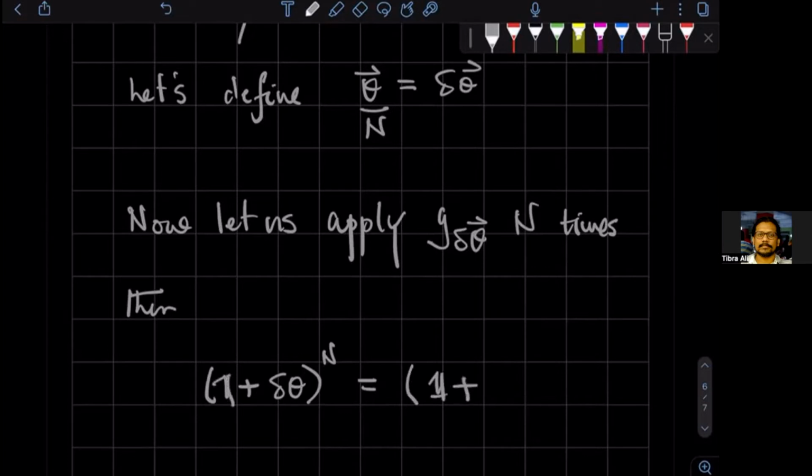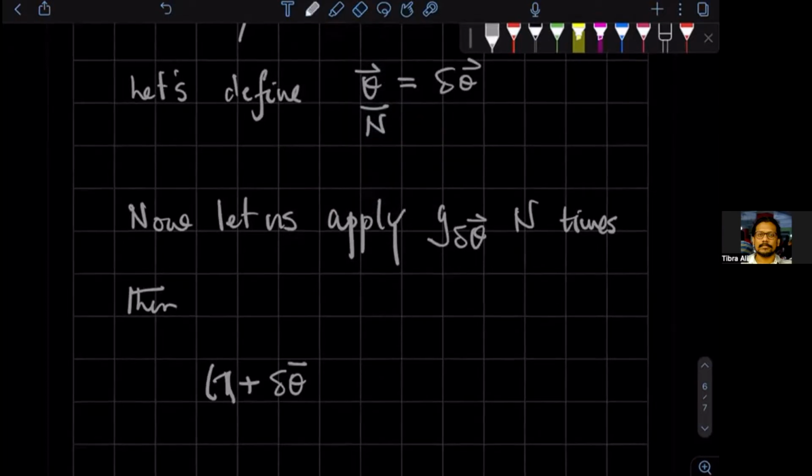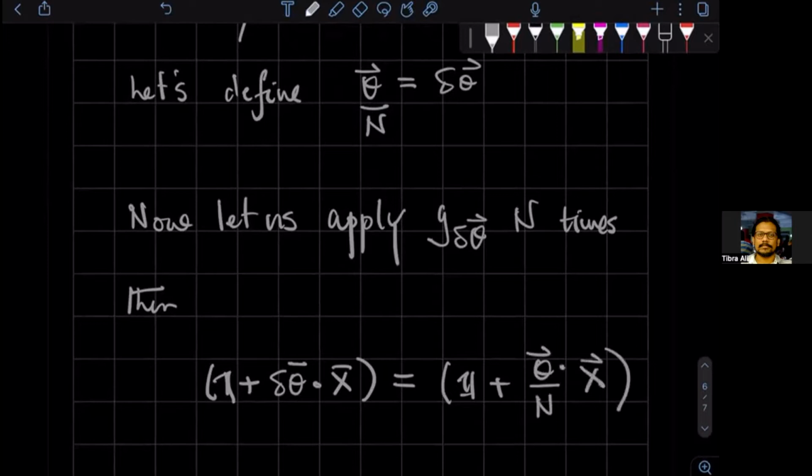And this is 1 plus theta over n dotted with x, okay, and this is applied n times.